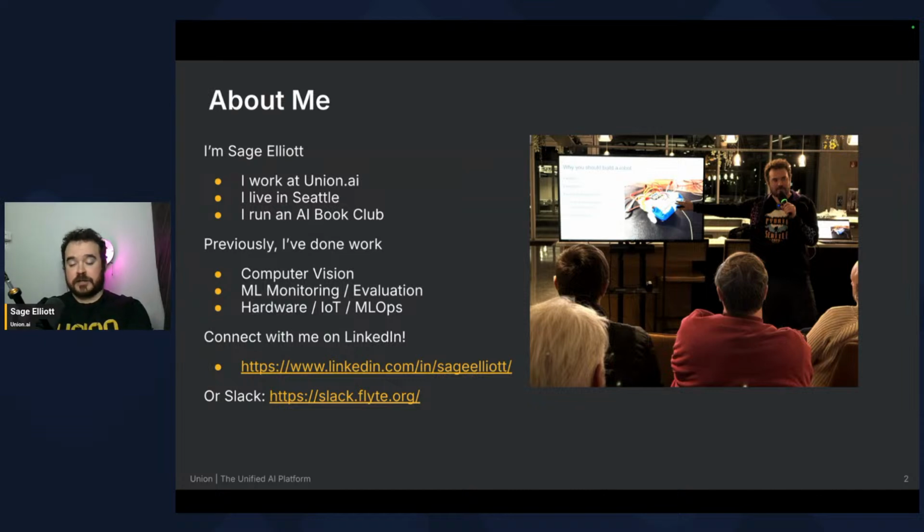Right before joining Union, I worked at an ML monitoring and evaluation company. It was pretty interesting when LLMs came out, figuring out how to evaluate them. That's a really interesting concept that I'll probably dive deeper into in another workshop or talk later. I also have a background in hardware, IoT, and a little bit of robotics, and I've been in the MLOps space for several years now.